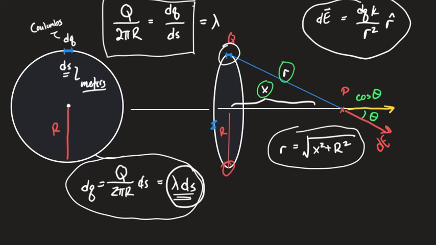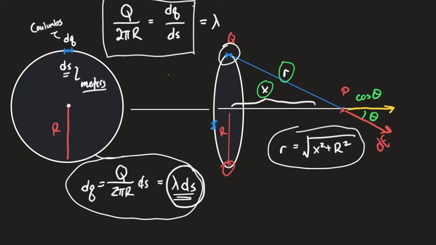So I want to finish the question. I'm not sure the question was about electric field. Michael said the question was about electric potential. So this is how you do the electric field one, but to do the electric potential, you have to do something different. It's not necessarily harder, it's just different, because instead of having this function as the electric field, we're starting from the electric potential for a point charge.